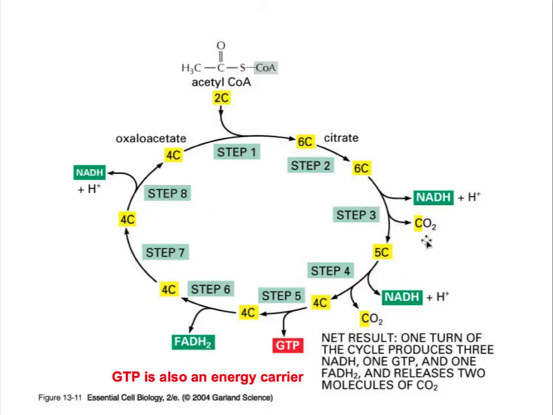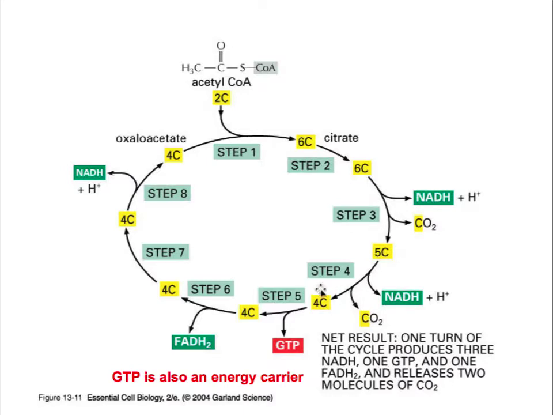So step 3 results in 2 products: a charging of an electron carrier, NADH, and the removal of one of the carbons that came in with the acetyl-CoA. Step 4 charges another NADH, and it removes the last carbon that we had earlier. So all the carbons are now removed from food molecules and eliminated as carbon dioxide.